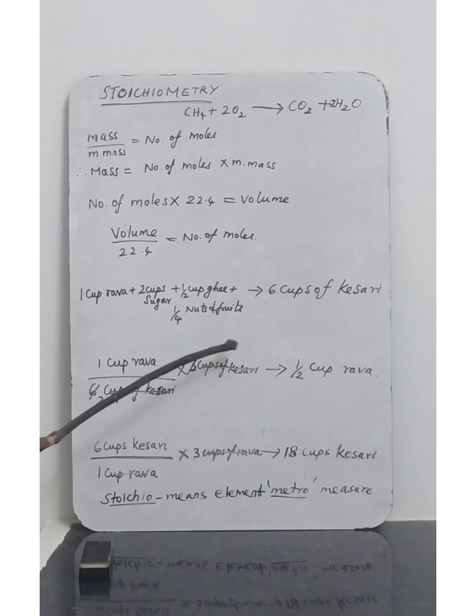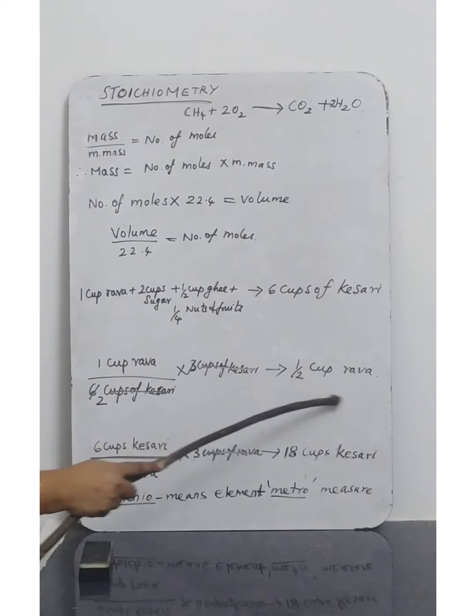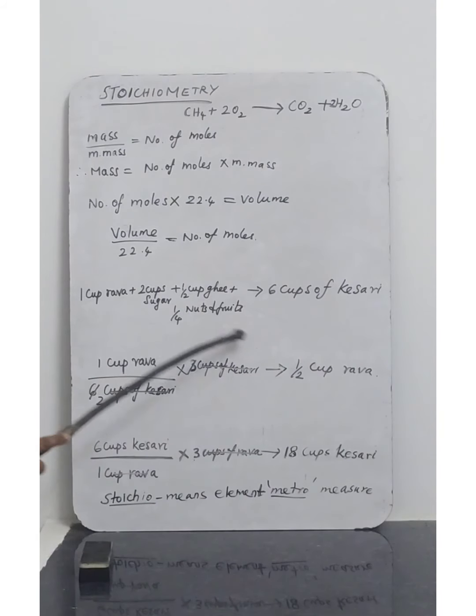Therefore, for 3 cups of kesari, it is 1 cup of rava divided by 6 cups of kesari into 3 cups. The cups of kesari cancel, and 3 and 6 cancel to give 2. So 1 by 2 cup of rava is needed to prepare 3 cups of kesari.